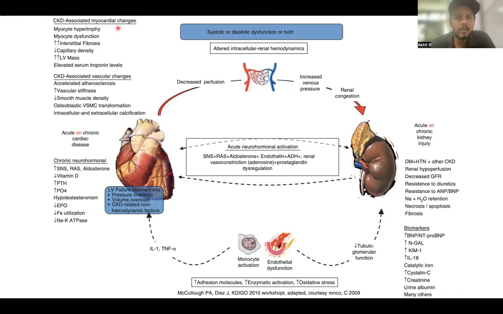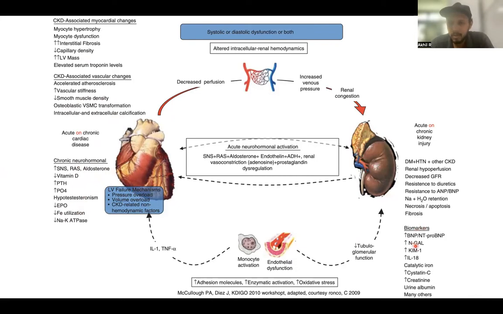Most important of which are the myocardial changes, which include hypertrophy and dysfunction of the myocardium. Secondly, the vascular changes, which are associated with increased vascular stiffness and decrease in smooth muscle density. And these two can also be associated with chronic neurohormonal changes, where hormonal imbalance will be observed. This is mostly seen in cardiovascular disease and also in chronic kidney disease to a certain extent.